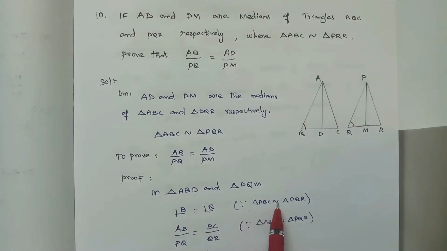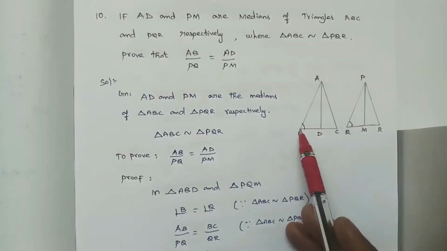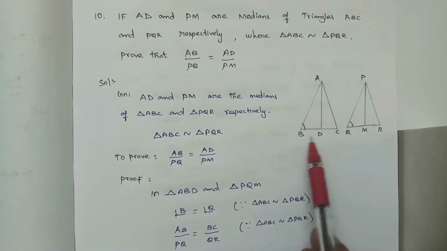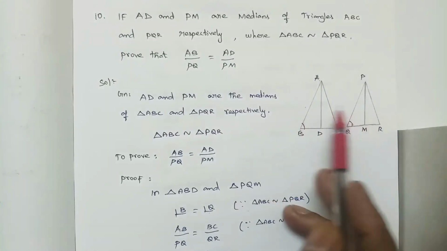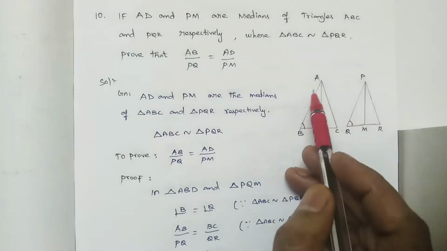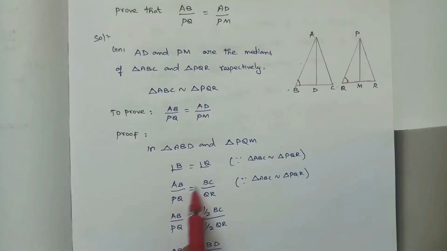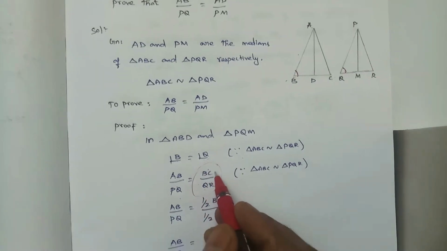Since triangle ABC is similar to triangle PQR, the sides are proportional. So AB divided by PQ is equal to BC divided by QR. For the RHS alone, I'm multiplying both numerator and denominator by half.